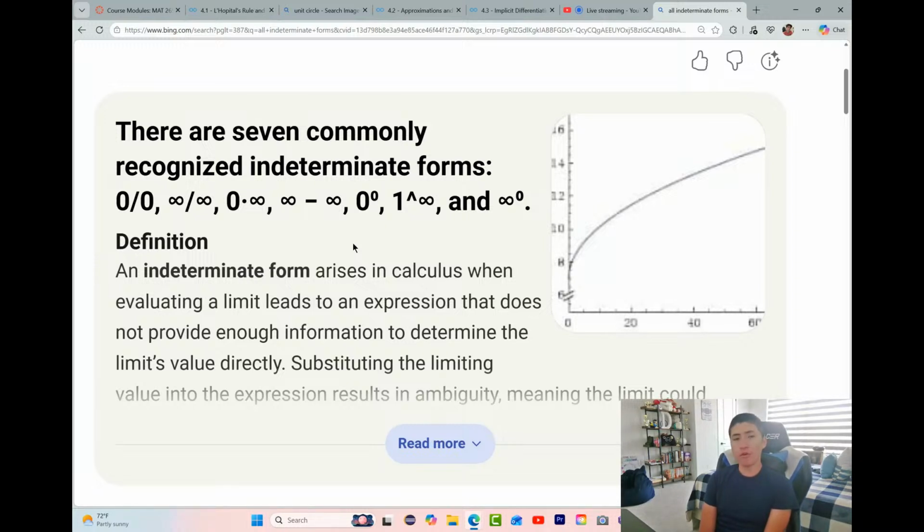So that's e to the power of 1 over infinity. So 1 over infinity is 0. E to the power of 0 is 1.